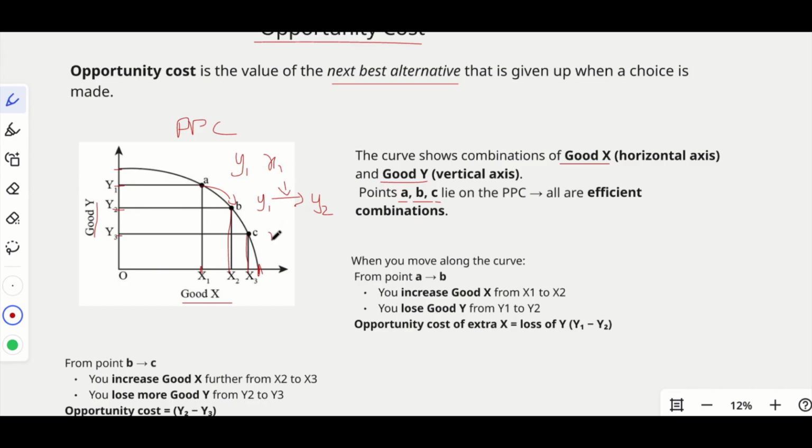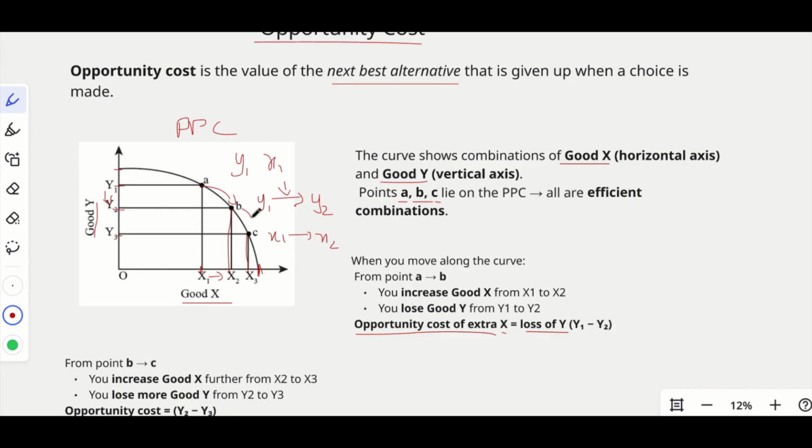And good X is increased from X1 to X2. So you lose good Y from Y1 to Y2 and you increase good X from X1 to X2. The opportunity cost of extra X will be the loss of Y, that is Y1 minus Y2. Got it? That is Y1 minus Y2.